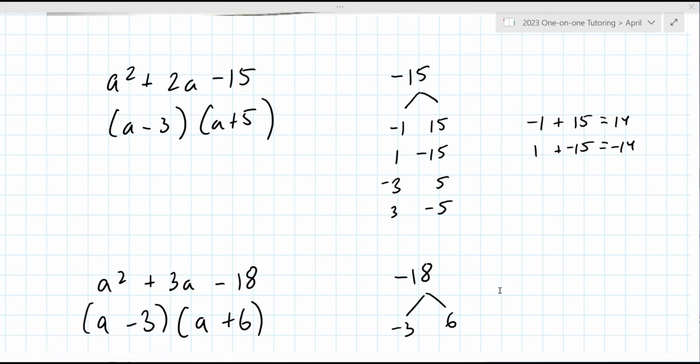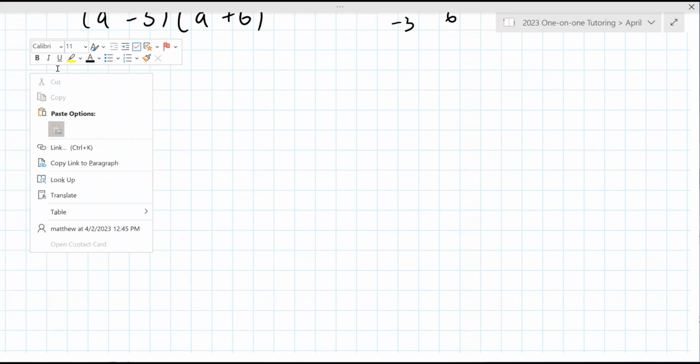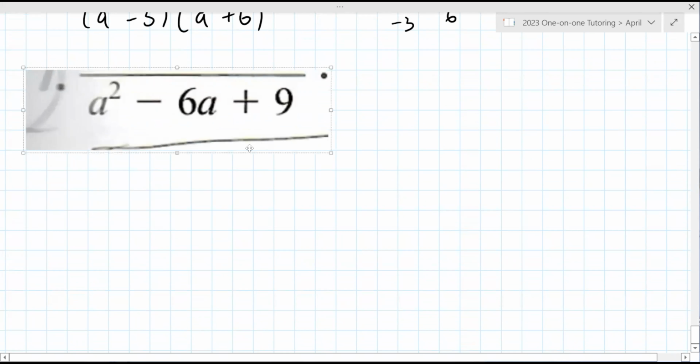Okay. Let's go to the bottom left. This is yet another subcase of this factoring. You're looking for two numbers that multiply to 9, but add to negative 6 now. You might think 1 and 9, 3 and 3.